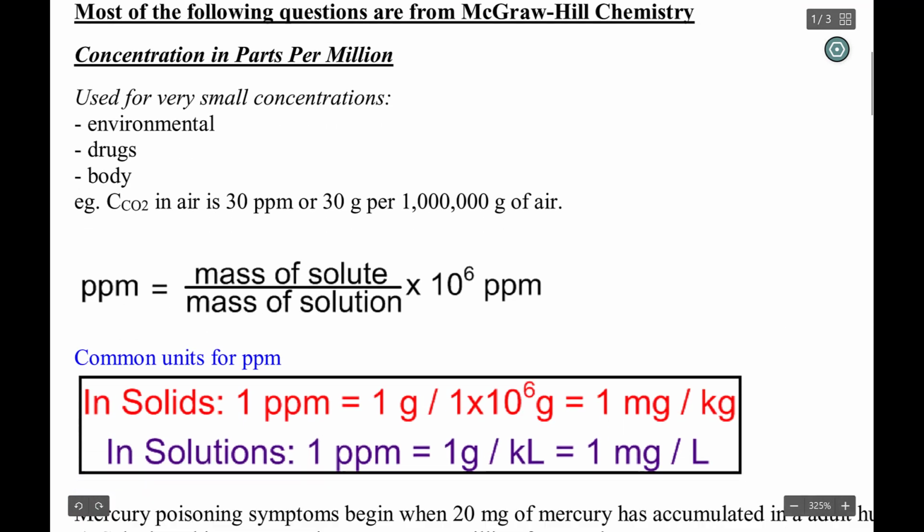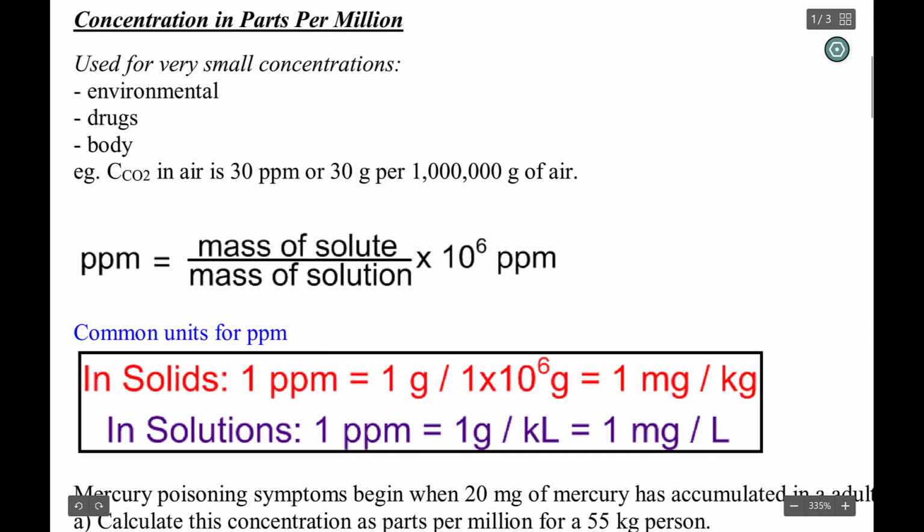So parts per million is quite useful when you're dealing with environmental chemistry, drugs or pharmaceutical chemistry, and body chemistry. So for example, in environmental chemistry, you might be looking at pollution in lakes, but in very, very minor amounts. So heavy metals in lakes or mercury in lakes, something like that, or even mercury poisoning or heavy metal poisoning in the human body.